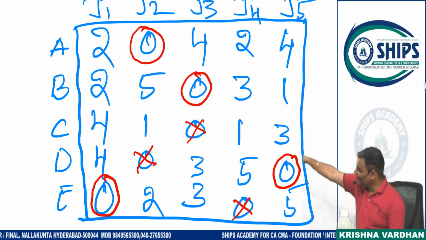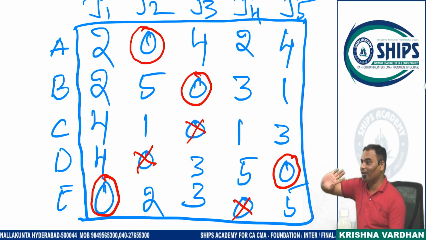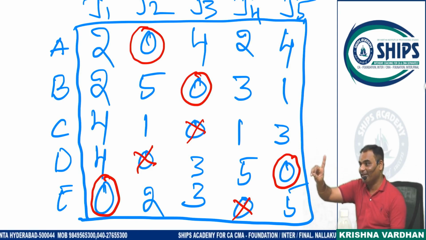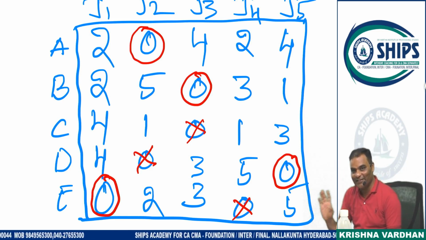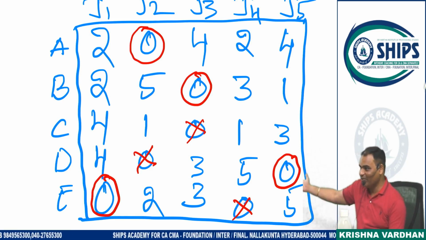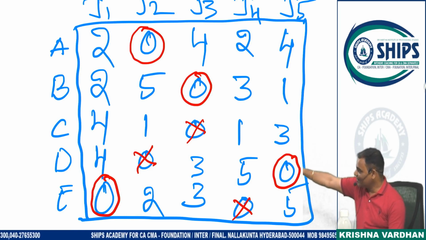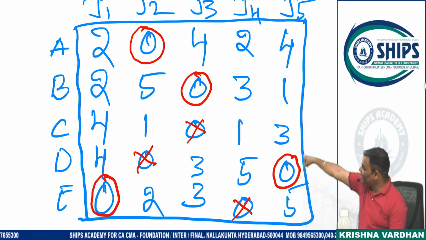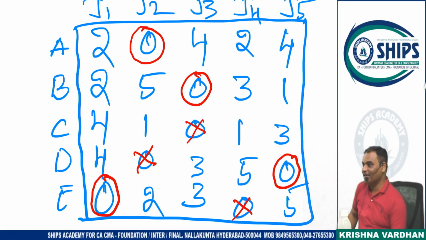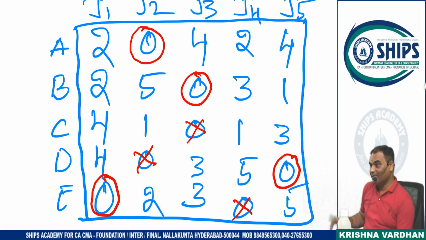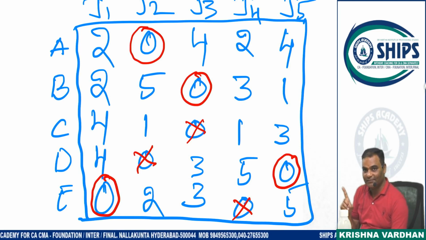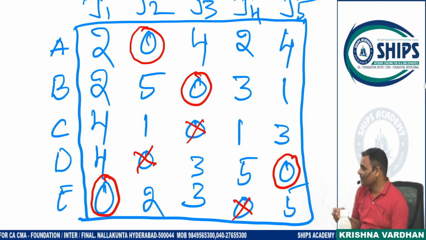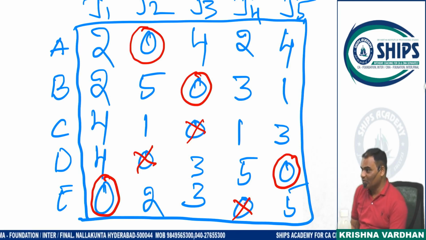If you get all of them unique, meaning each row and column has only one circled zero, then only it means that you got an answer. Here you didn't get it. Why? C and J4 don't have any circled zero. And remember, no two rows or columns should have more than one circle. This is very, very important. It means that the problem is not solved.